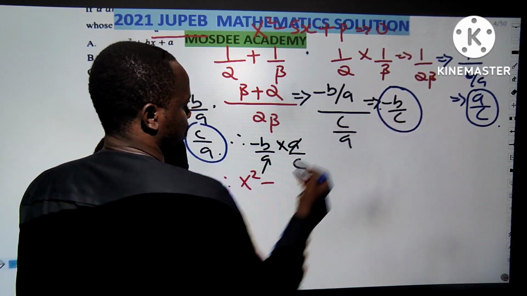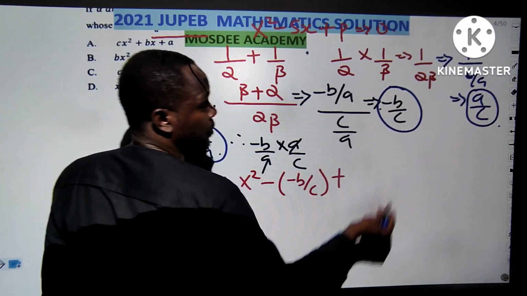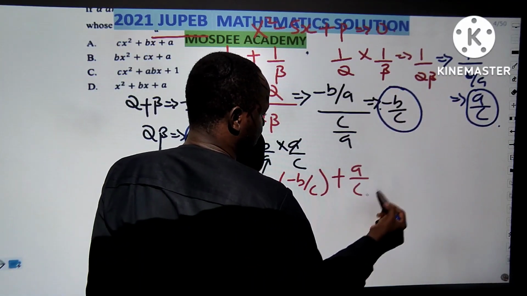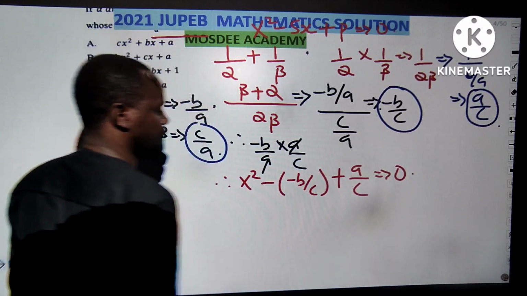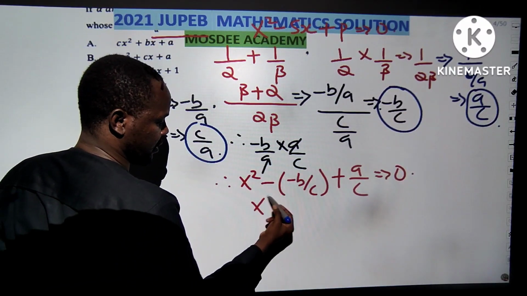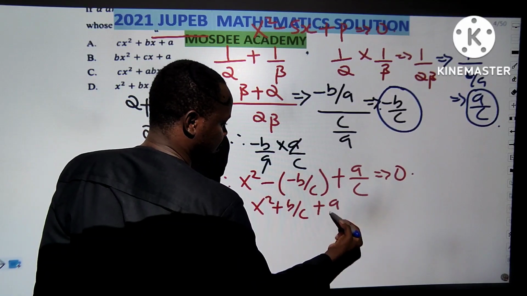What's the sum now? Minus b by c, plus the product. The product is a by c. So that is the equation equals 0, which is very important. Quadratic expression: x squared plus b by c x plus a by c equals 0.